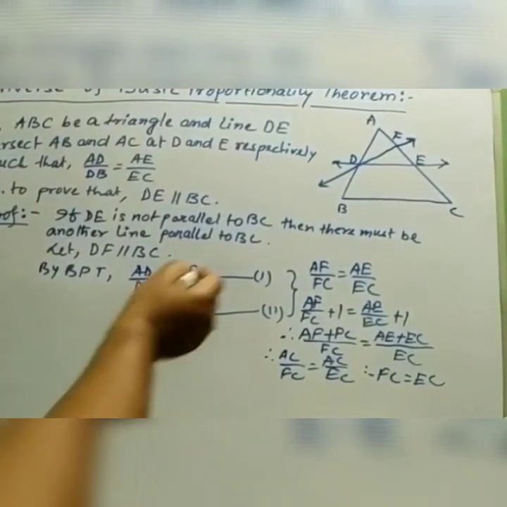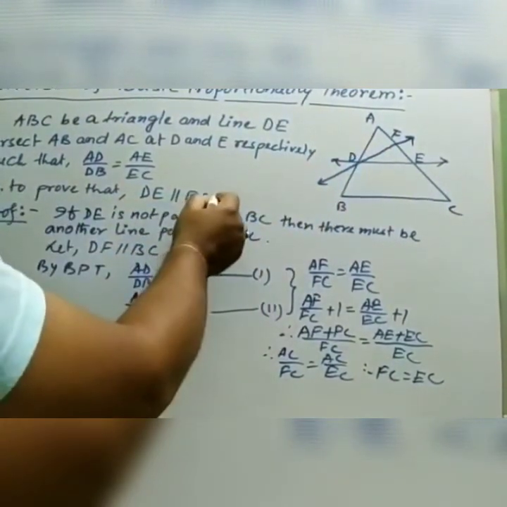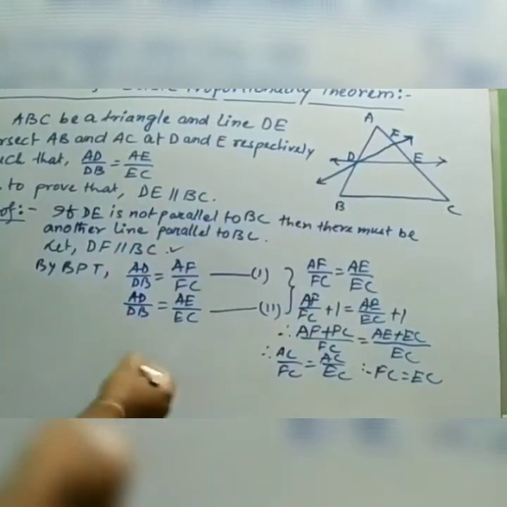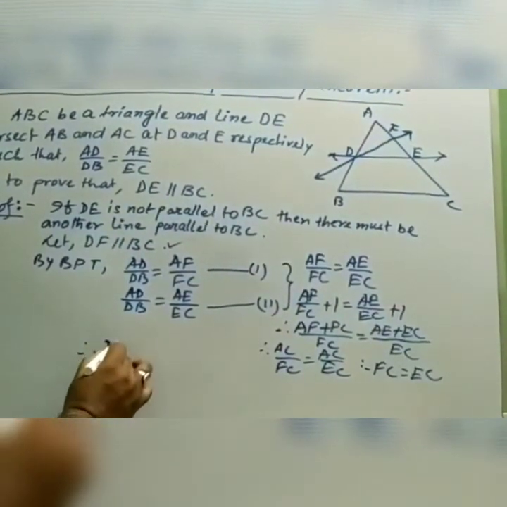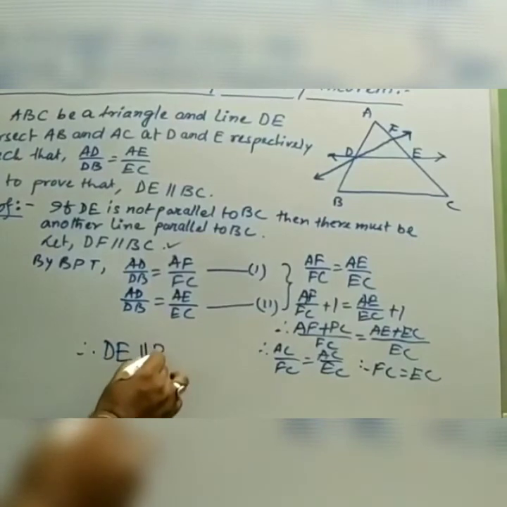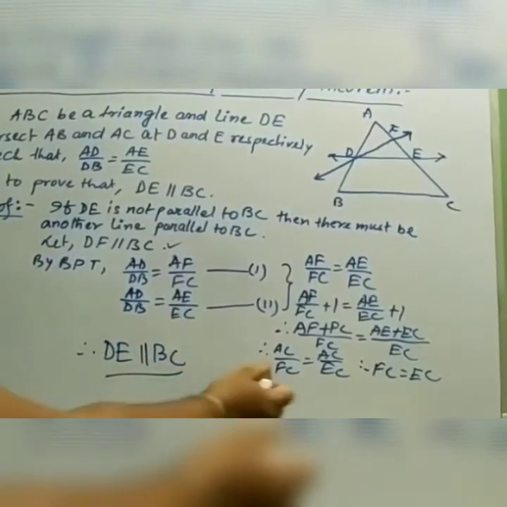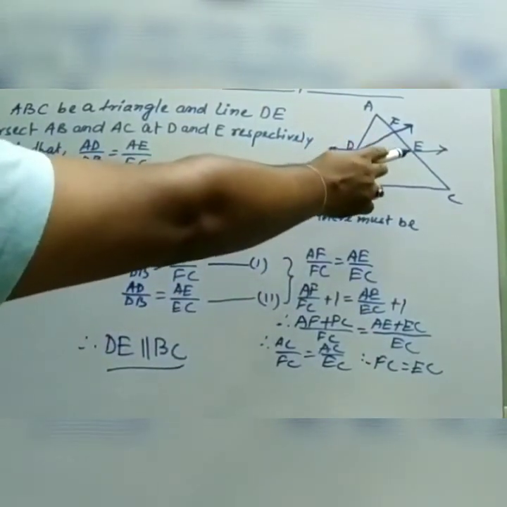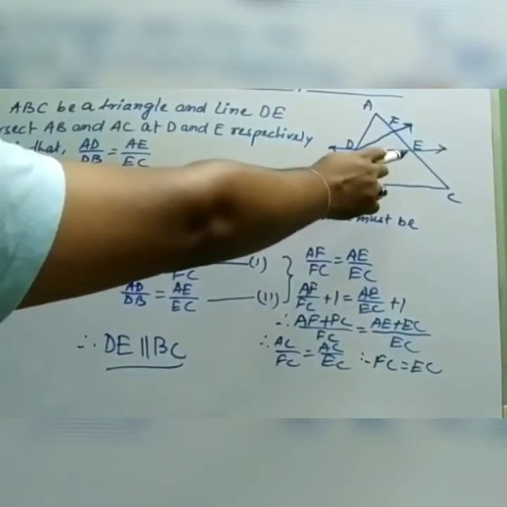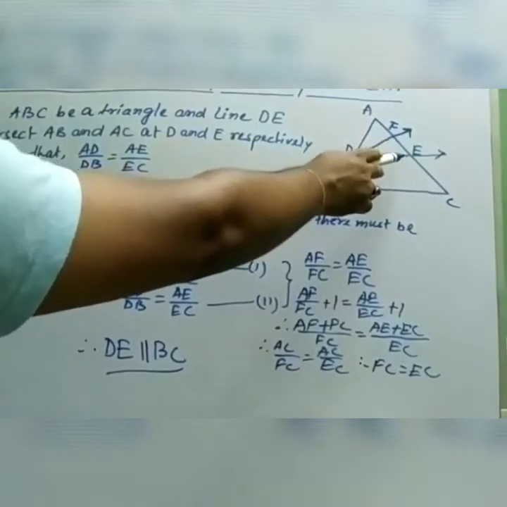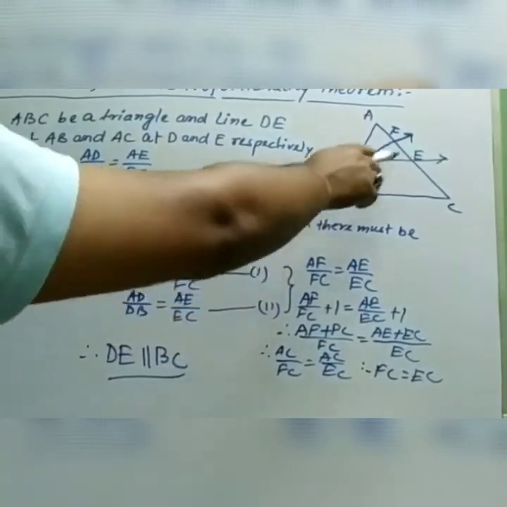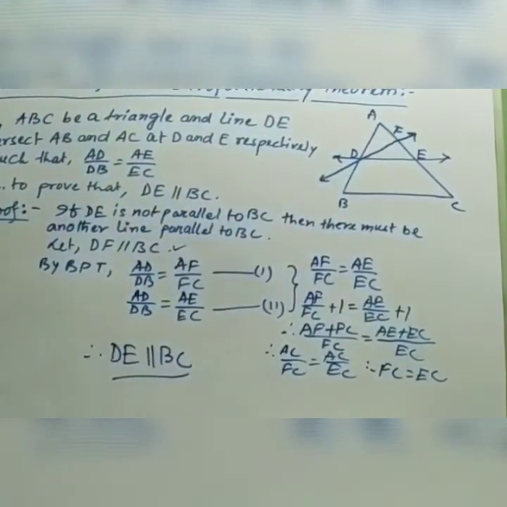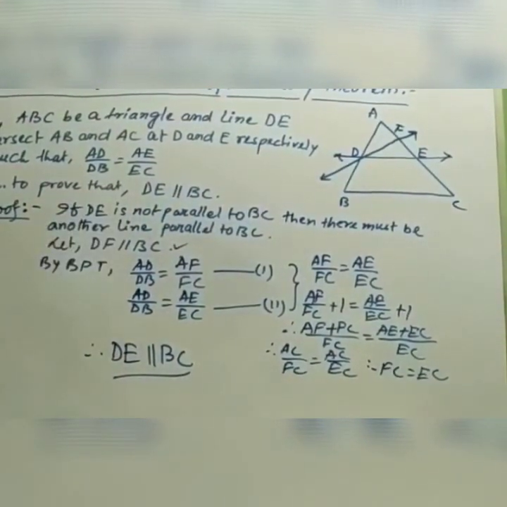As they coincide, and DF was parallel to BC, DE is also parallel to BC. So DF becomes DE, and DE should be parallel to BC, and that is the proof of the converse BPT.